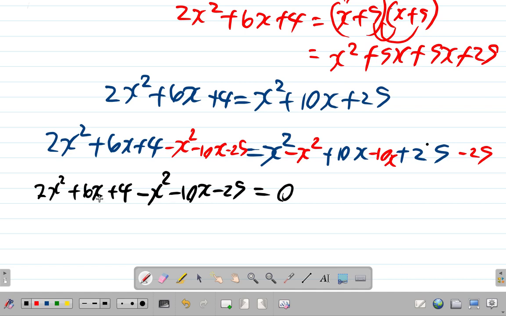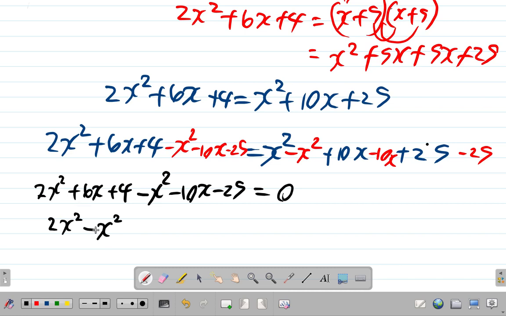And then you're going to put like terms together. You can say 2x squared plus 6x equals 8... 8 what? You don't know. If you minus them, you have to minus the same thing. You have 2x squared minus x squared.